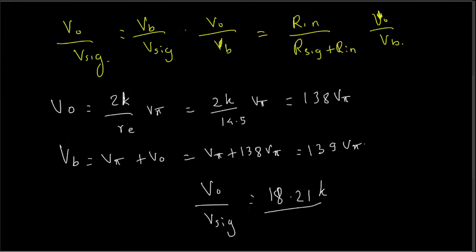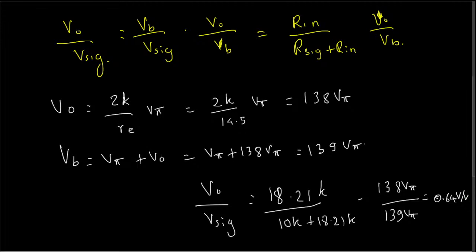So this becomes 10K plus 18.21K multiplied by Vo, that is 138 V5, divided by Vb, that is 139 V5. And if you calculate this value, you will end up getting 0.64 volts per volt. This is our gain, but we had to find out the gain in decibel.